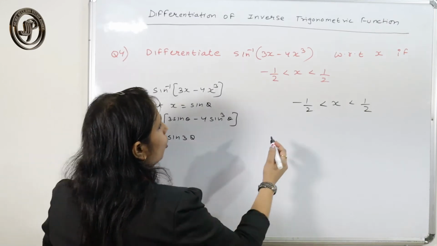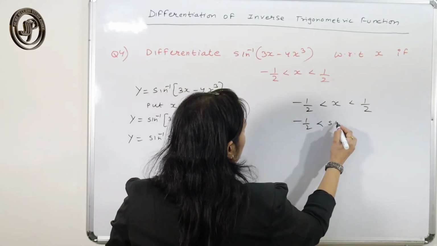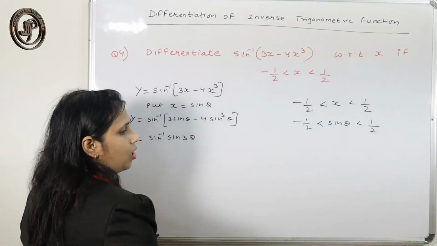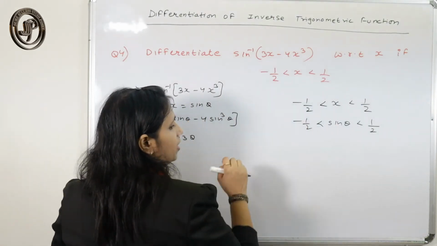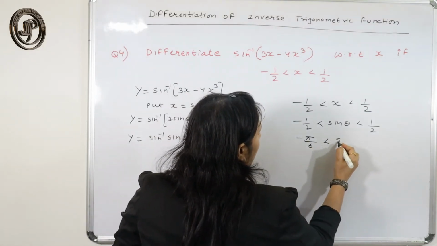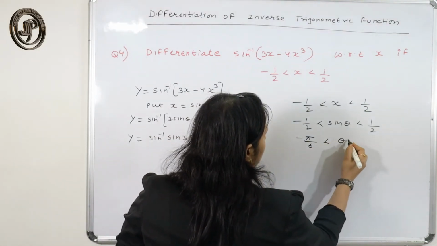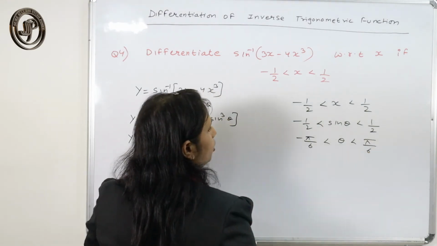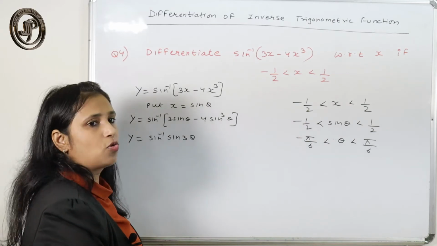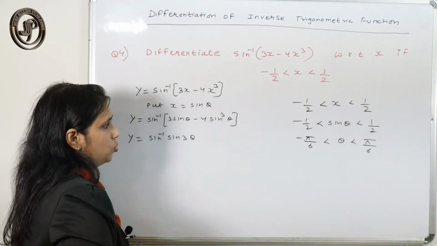Now convert it in terms of theta because we have substituted x as sine theta. Now sine theta is minus 1 by 2 and theta is minus pi by 6, right? And here pi by 6. You should know that sine 30 is 1 by 2 or sine pi by 6 is 1 by 2.